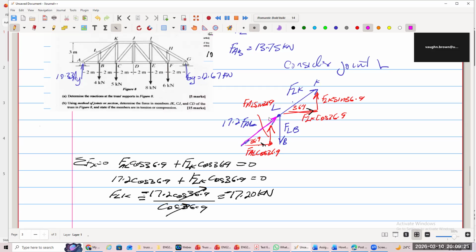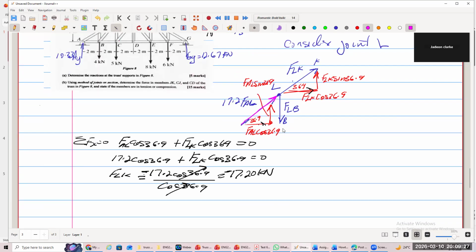But, sir, you found FAL, sir, as compressive from the previous one. But in this one, you use it as positive, sir. Come again? Sir, for the calculation, FAL 17.2, you have it as positive, sir. But the previous one is negative. Yes, because I changed the sign and put it going into the joint because it is a compressive force.